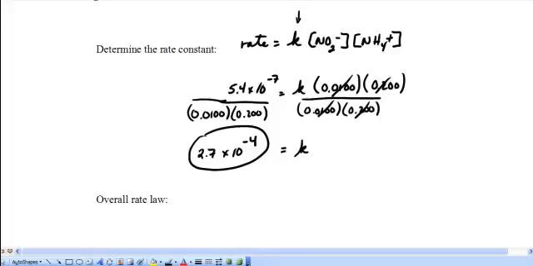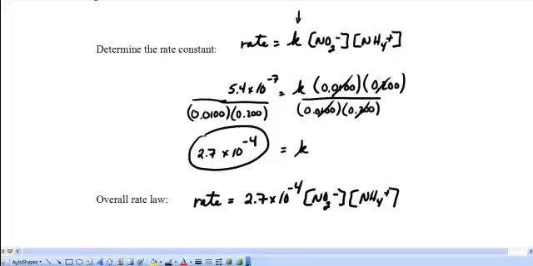So now overall, we can say that rate equals 2.7 times 10 to the negative 4 times the nitrite times the ammonium. All right?